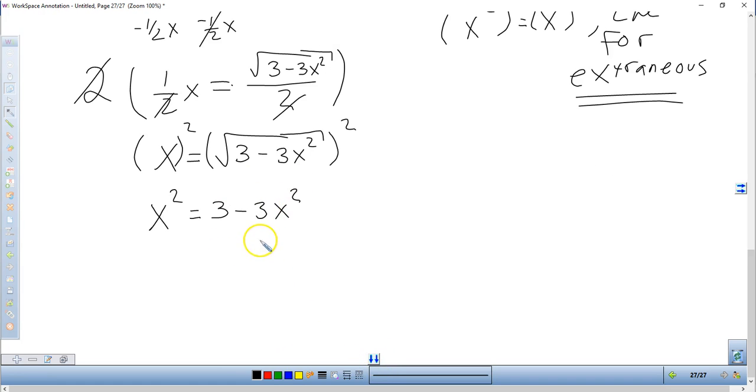From here, I'm going to go ahead and solve. Add 3x squared to both sides. I get 4x squared is equal to 3. I divide by 4.